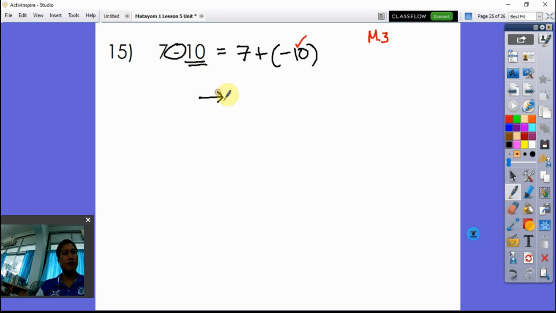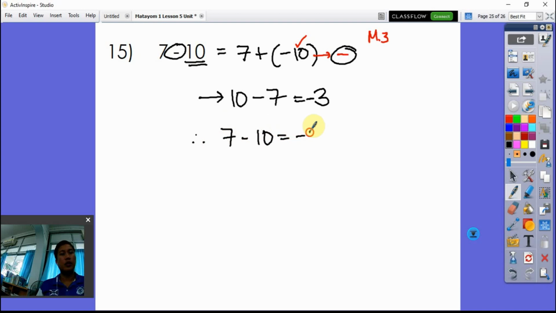So we have 10 minus the smaller number 7, again regardless of sign. So 10 minus 7 is equal to 3. Now, what is the sign of the larger number? This is negative. So we write this negative here in front of number 3. So therefore, 7 minus 10 is equal to negative 3.